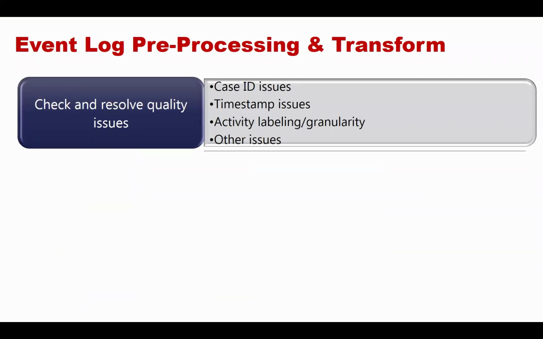There are 3 that are very recurrent. There are issues that have to do with the case identifier, there are issues that have to do with the timestamps, and there are issues that have to do with the activities. Those are the 3 compulsory elements in an event log. So naturally, data quality issues typically get divided into those 3. And then there are a number of other issues.